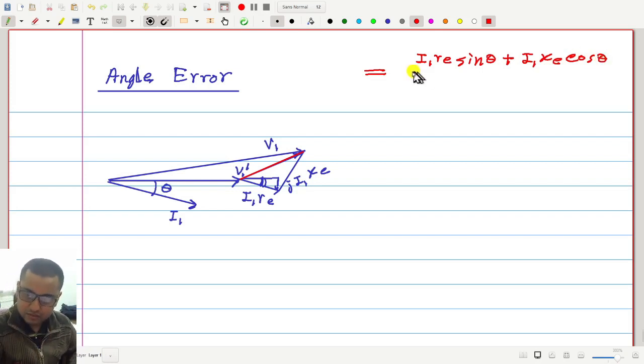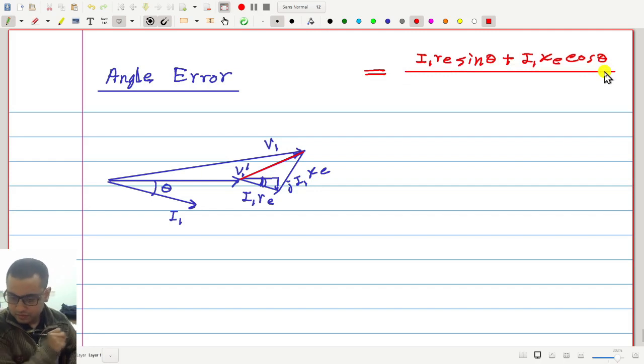Is it correct? No, there is a sign mistake, I think, somewhere. Minus I1 RE sine theta. This is in the downwards direction. If I want to measure it in the upwards direction, then this will be minus this by this, and then divided by V1 prime.